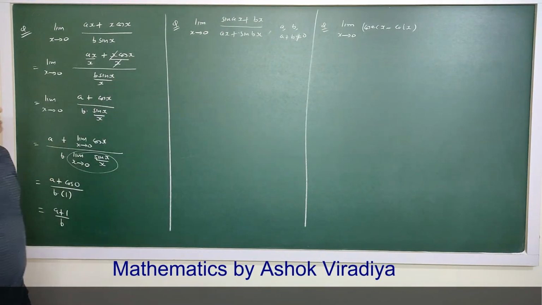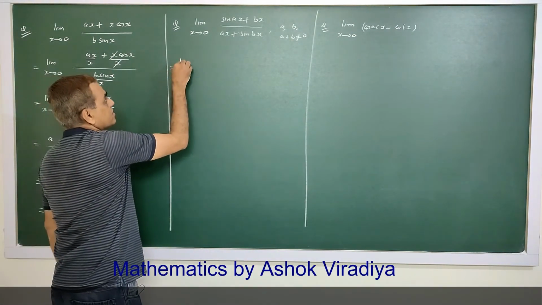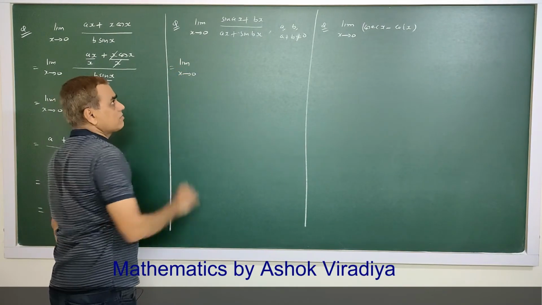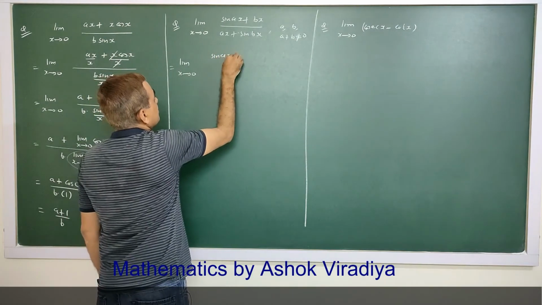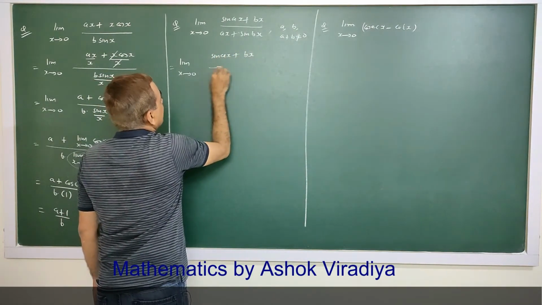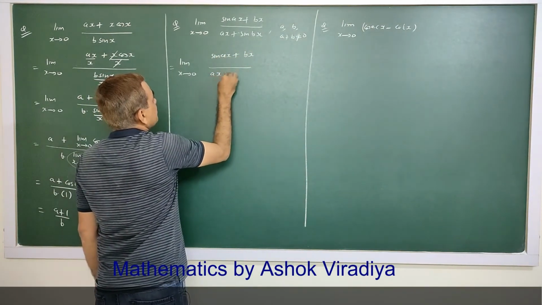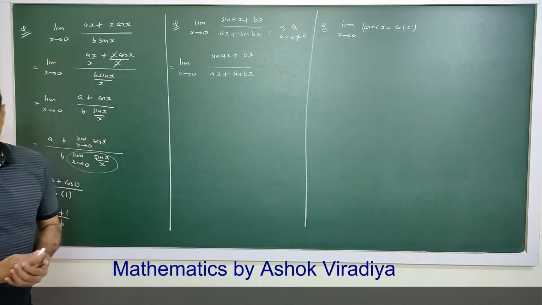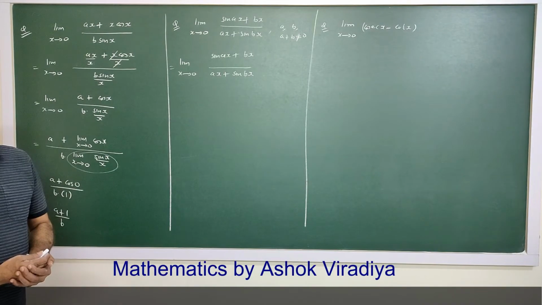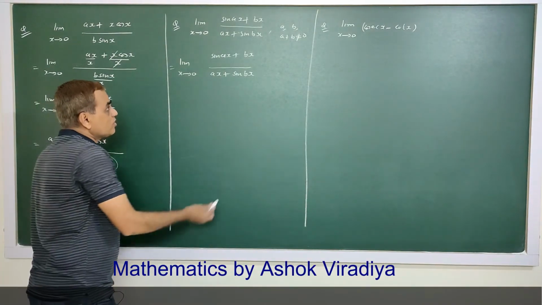Here this is a similar method. Sin ax plus bx upon ax plus sin bx is given. Now first of all, what do we do?